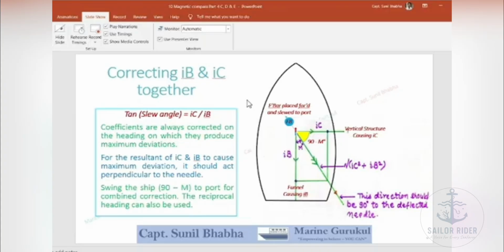IC is acting to the starboard side. Now the total angle between IC and IB is 90 degrees. Angle between right astern and starboard beam, right? Yes. So this yellow color angle has to be 90 minus m. Total angle is 90. So yellow angle has to be 90 minus m. So ये तो था बेटा कि angle 90 minus m कैसे आया. That is one thing. Okay.